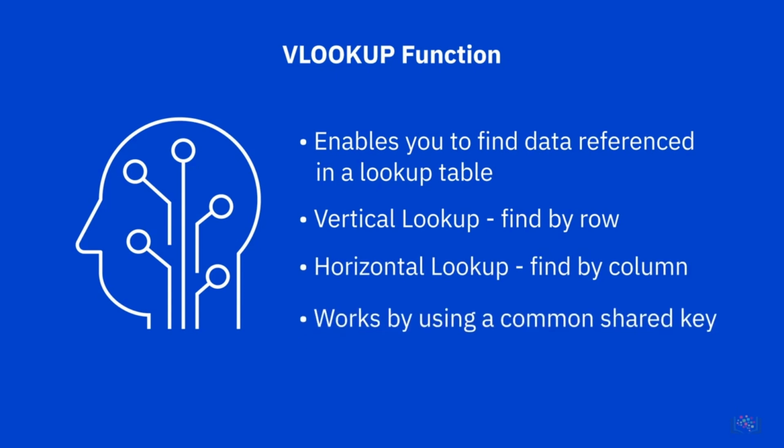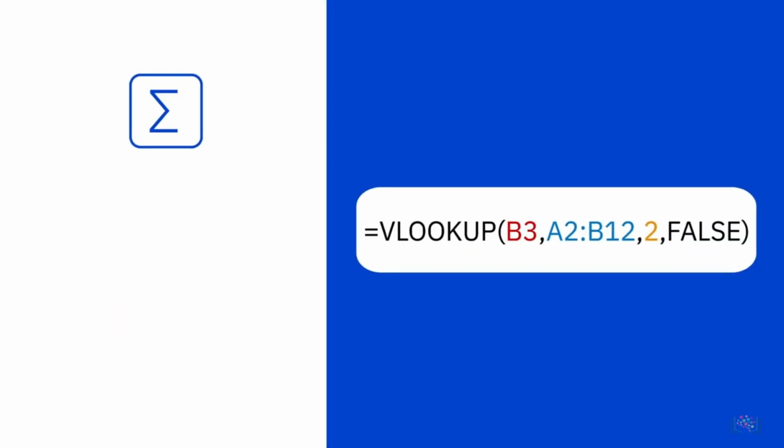VLOOKUP works by using a common shared key between the source data and the lookup data in the lookup table. A typical lookup formula would look like =VLOOKUP(B3,A2:B12,2,FALSE), where B3 is the lookup value, that is, the value or word you are looking for.